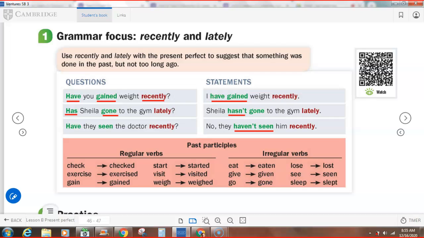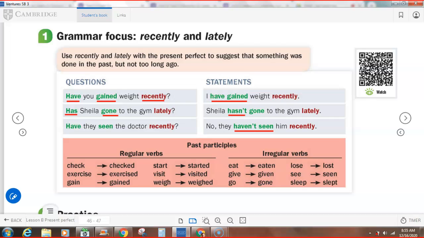Now let's review the forms of the verbs that you'll need to know. Not just irregular; some of these are regular verbs, but let's go over these, okay? Yes. So let's repeat them together. Check, checked. Start, started. Eat, eaten.